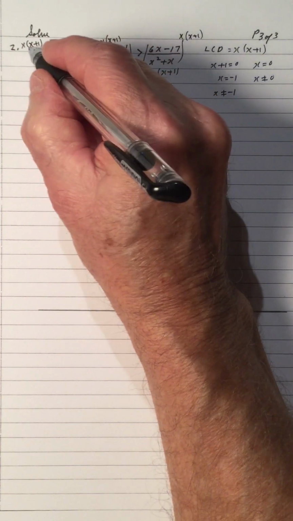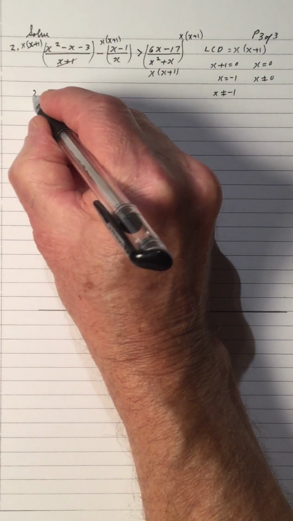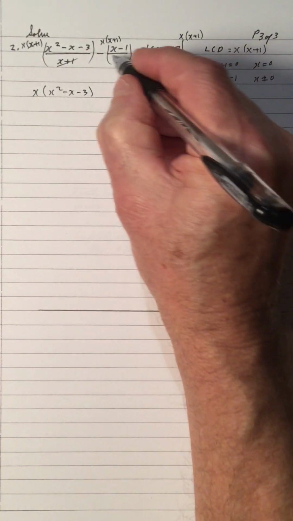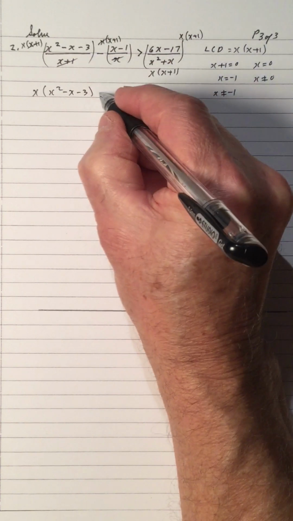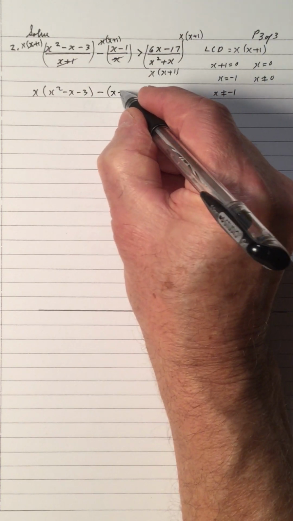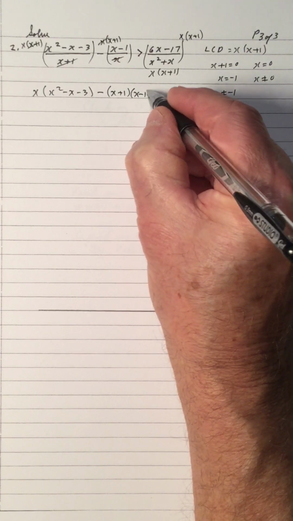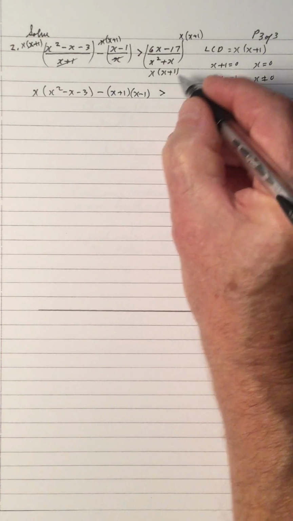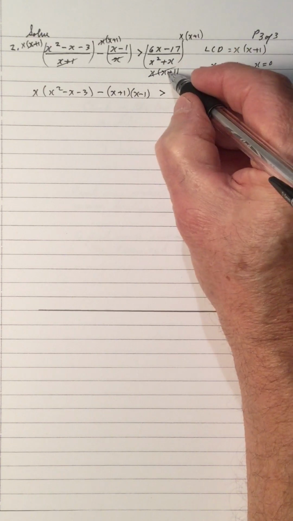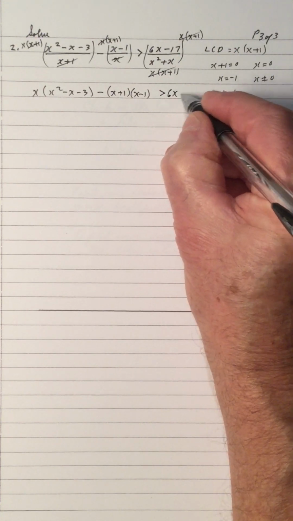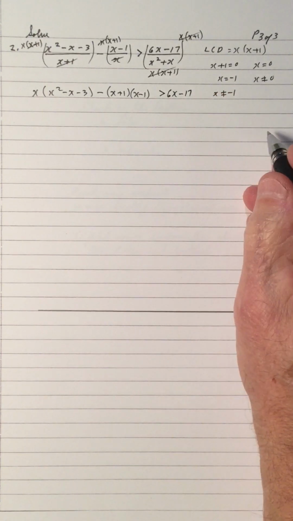So x plus 1 cancels, so I have an x times x squared minus x minus 3. The x cancels, so I have a negative of x plus 1 times x minus 1. And the x times x plus 1 is there. They cancel, so I get 6x minus 17.